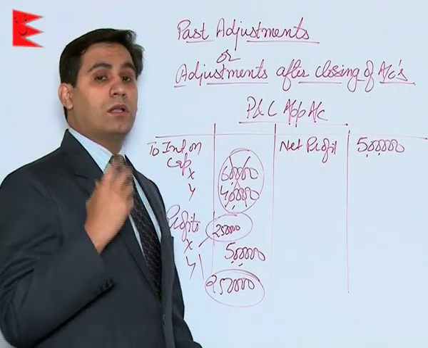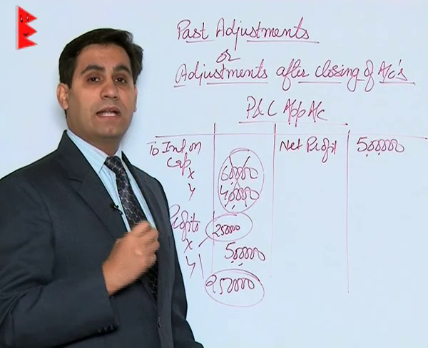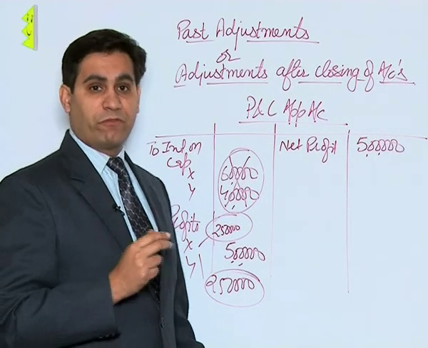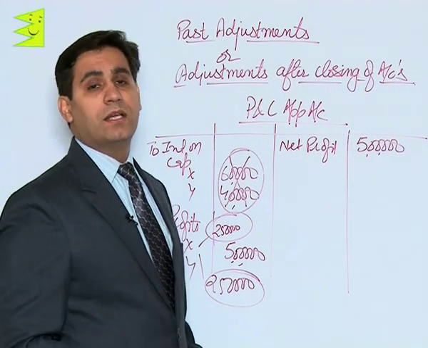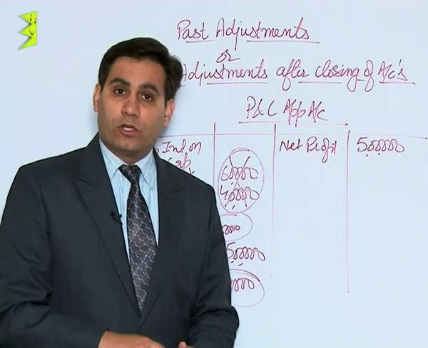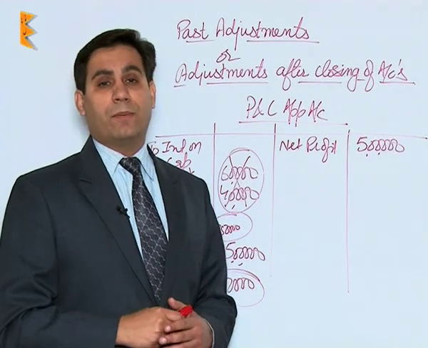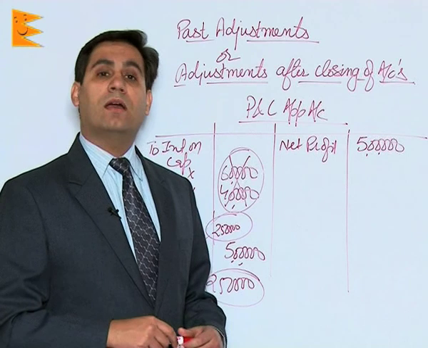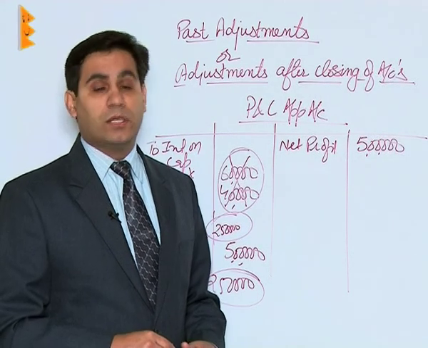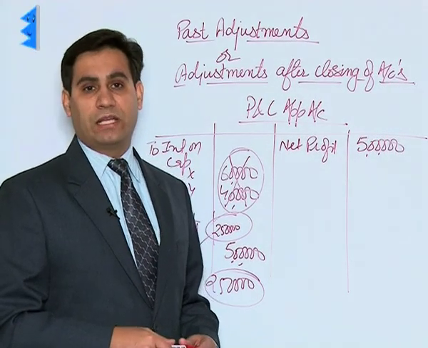Now before this, you must take into account that there are two possibilities for this kind of rectification. One is that you redraw your accounts. Redraw means draw your profit and loss appropriation account correctly and again present it to the authorities. This is a lengthy procedure, it takes a lot of time.